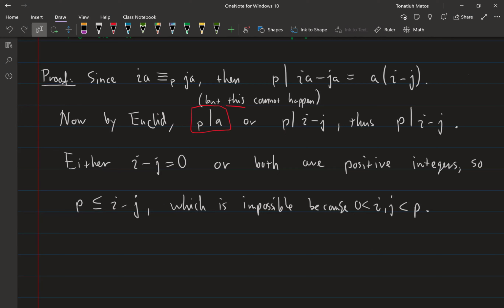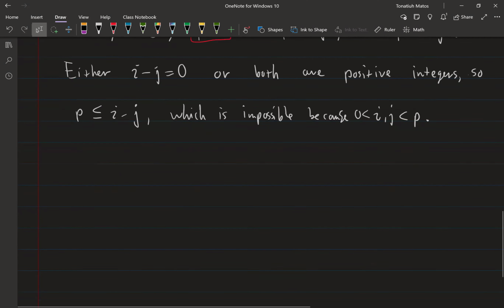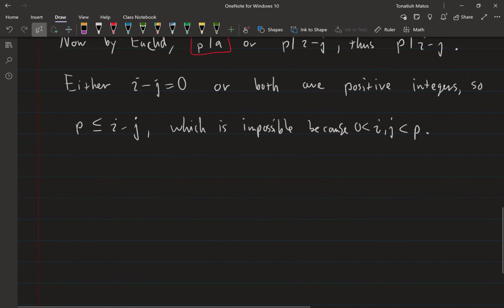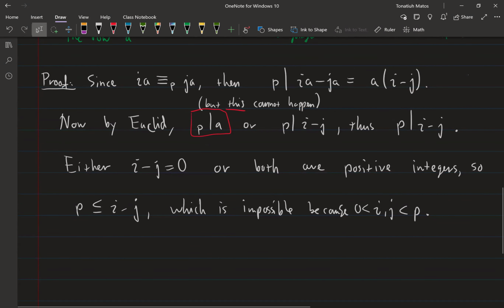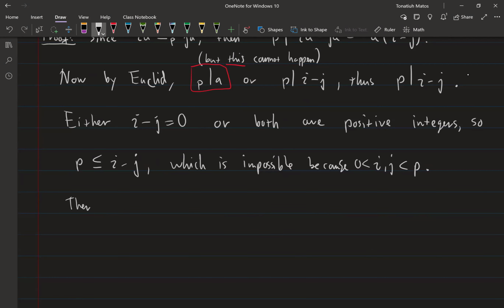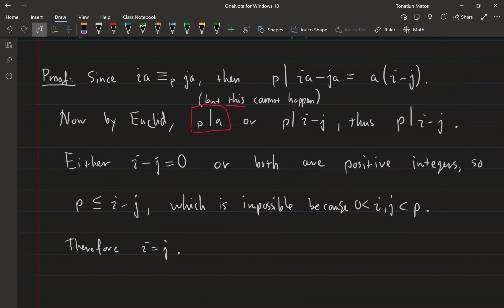So P must be less than or equal to I minus J. But this is impossible because I minus J is literally the difference or the distance between I and J. I and J are two numbers between 0 and P, so the distance between them cannot be bigger than P, right? And this is the same argument that we use for the quotient remainder formula, or the division algorithm. Okay, so therefore, the only possibility that remains is that I minus J is 0, or in other words, I is equal to J, right? And this proves the lemma.